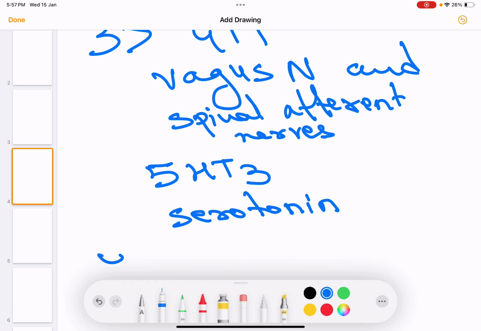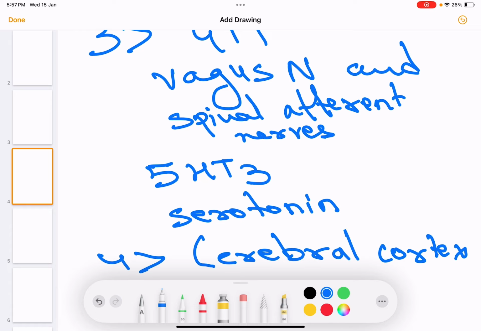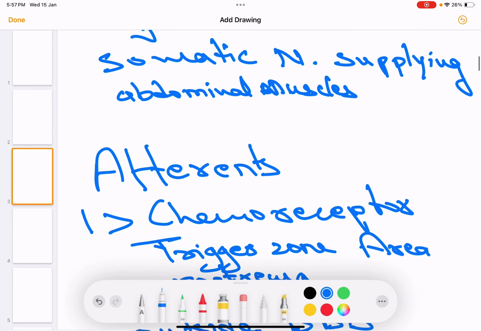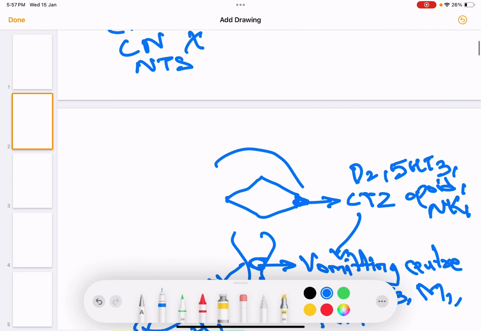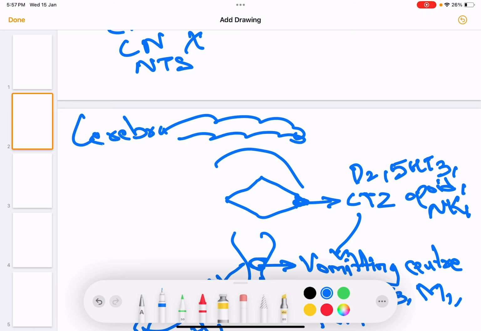And the fourth is the cerebral cortex. The exact mechanism of how the cerebral cortex sends afferents is not known, but the cerebral cortex is involved in certain forms of vomiting, such as those associated with psychiatric disorders, stress, anticipatory vomiting to chemotherapy, vomiting due to anxiety, etc. So what is anticipatory vomiting due to chemotherapy?